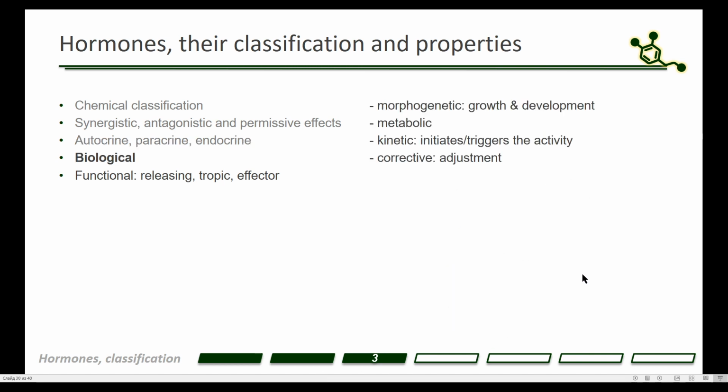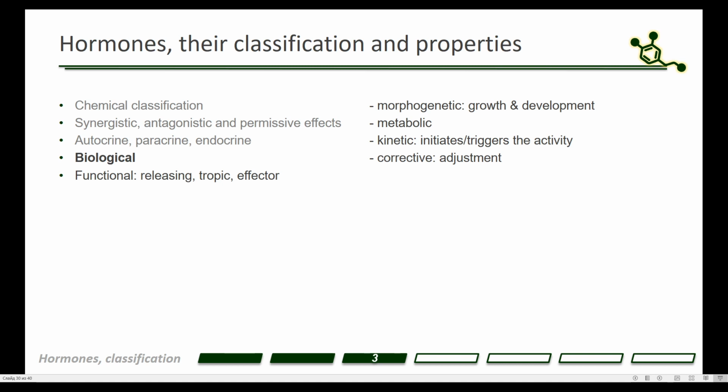Now, the next one is biological regulation. Here you have morphogenetic action. These are the hormones which are responsible for growth and development. Metabolic hormones, for example insulin and glucagon, control metabolic processes. Then goes kinetic. In this case, hormones initiate or trigger the activity of the organ.